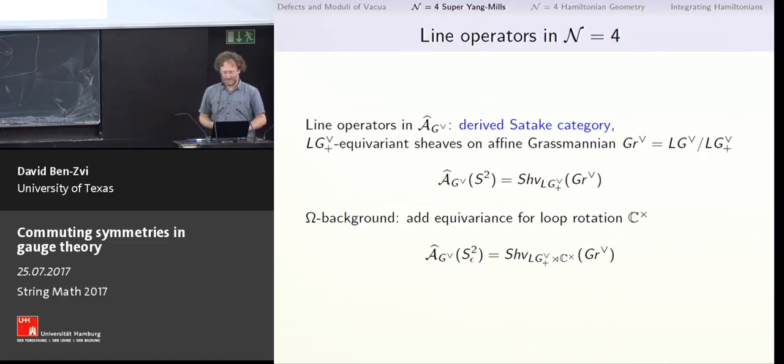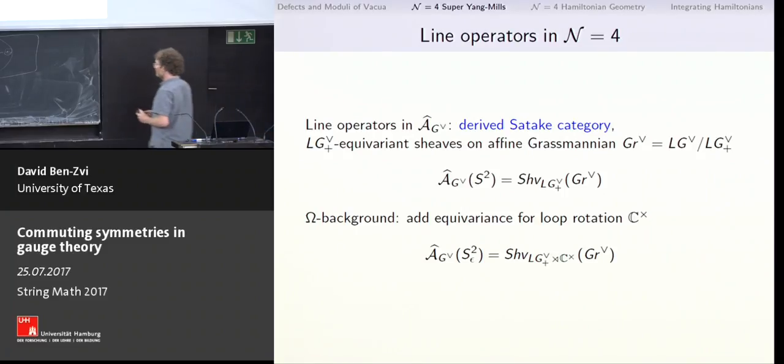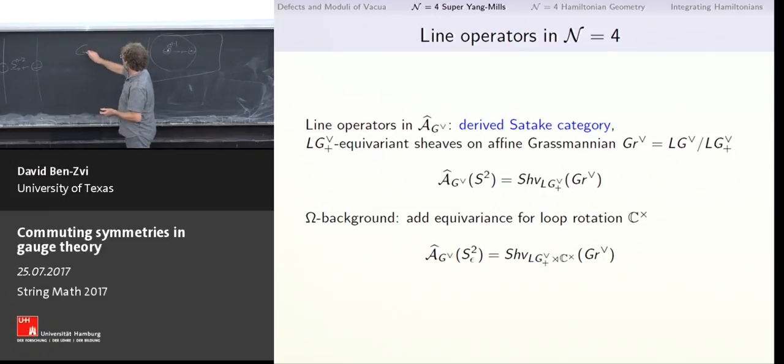So this is the Tataki category, which probably looks somewhat unpleasant if you haven't seen it before. One thing that's nice about this, from the point of view of omega background, is that the omega background becomes something very simple. So maybe I should write that here. This affine Grassmannian is the loop group of the dual group modulo positive loops. And maybe I'm thinking about it equivariantly.